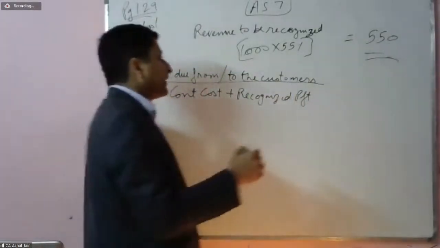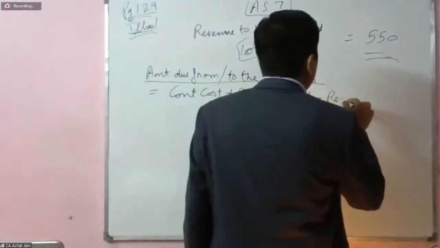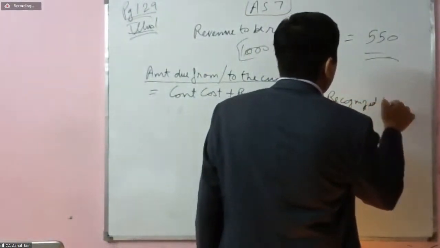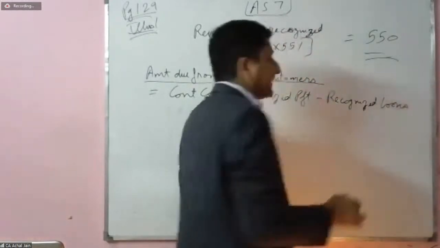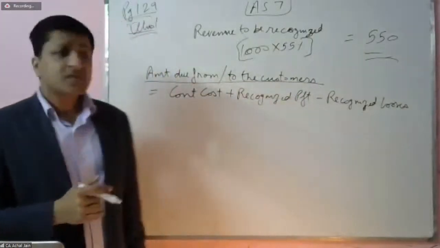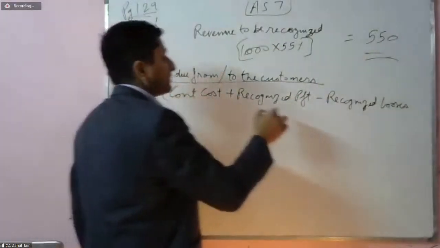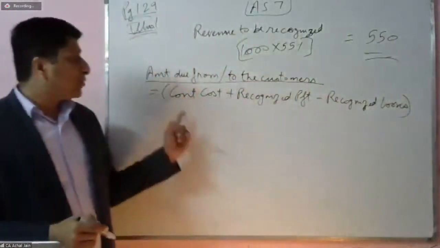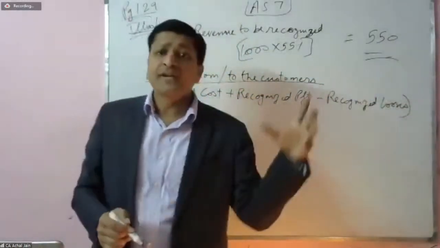Less recognized losses, if any. So this is the first part. This effectively is the amount of receivable that we would have recognized.